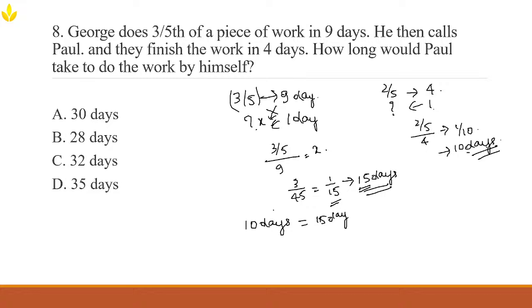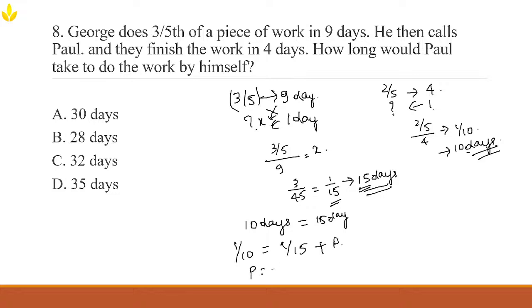So the part of work completed in 1 day is 1 by 10th by both, and by George it is 1 by 15. So let us find out for 1 day how much part of the work is completed by Paul.